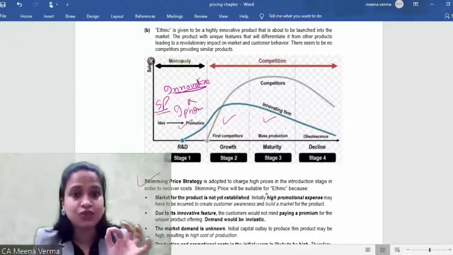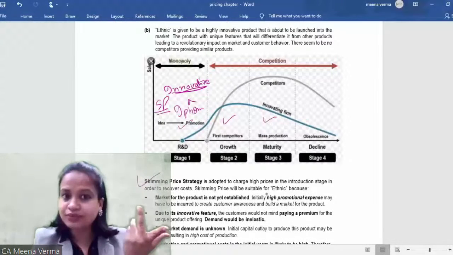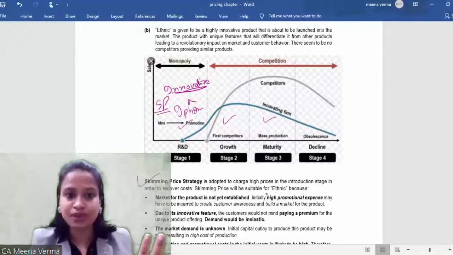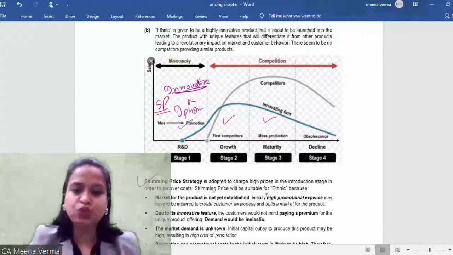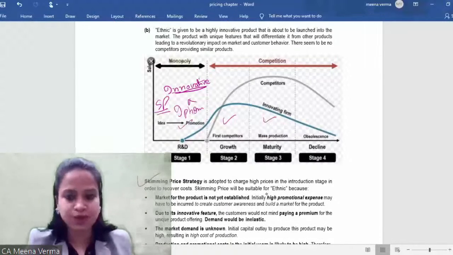So if your product is innovative, revolutionary, you can charge a premium price. Remember, Jio was an innovative, revolutionary product, but they didn't charge. They didn't follow skimming pricing strategy. ठीक है, so you have the option to charge a premium price.